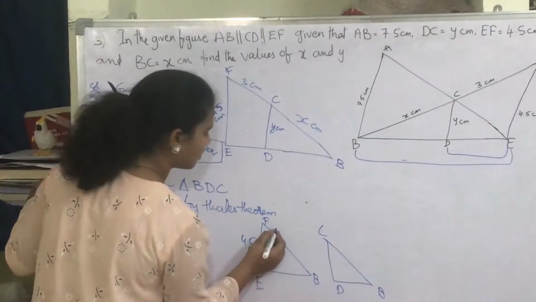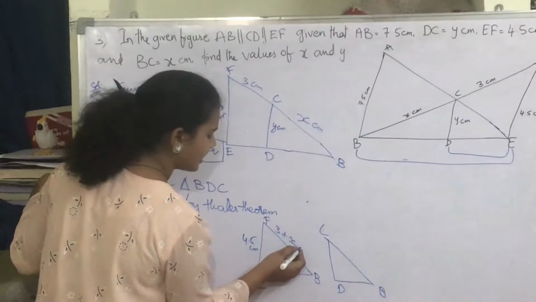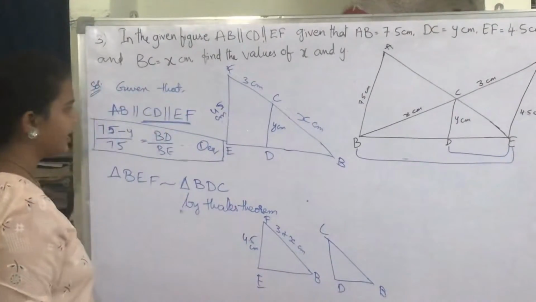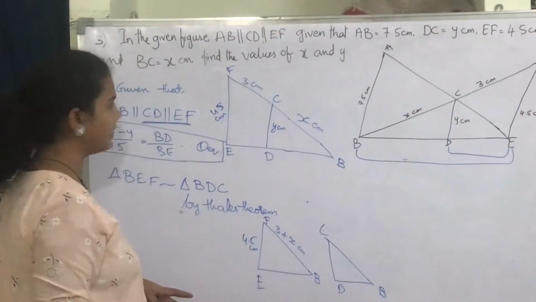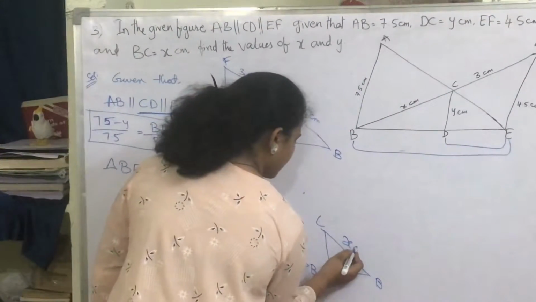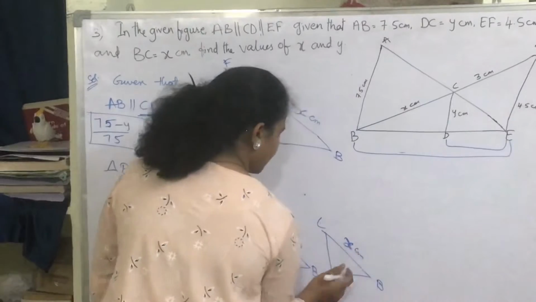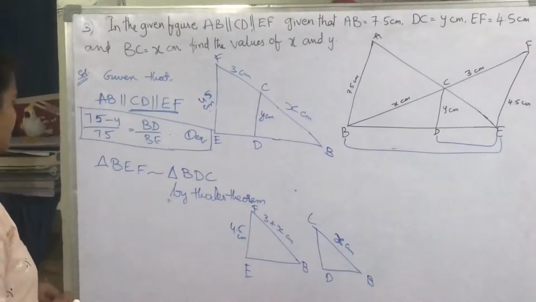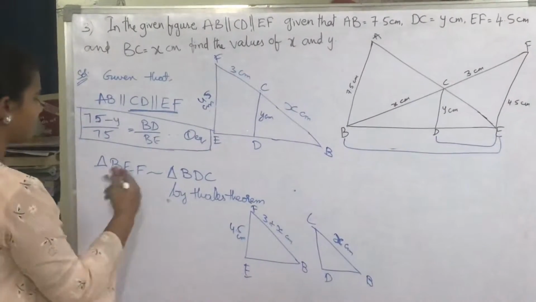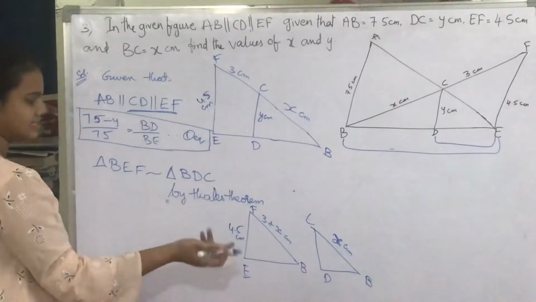BF equals 3 plus X centimeters. Next, BD we haven't any value. Next, you have BC, let BC be X centimeters. Now by Thales theorem, I have proved BEF is similar to BDC.